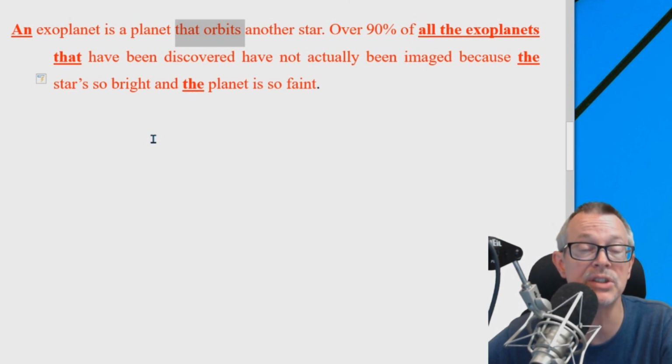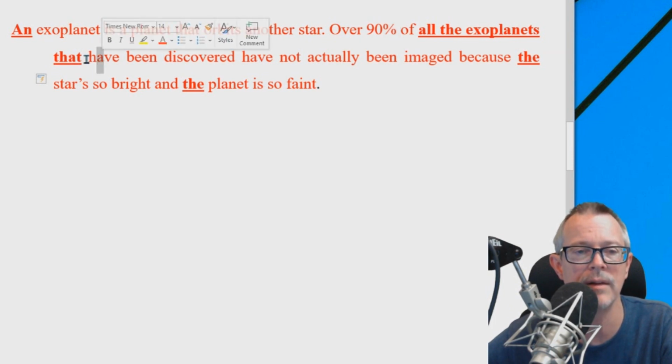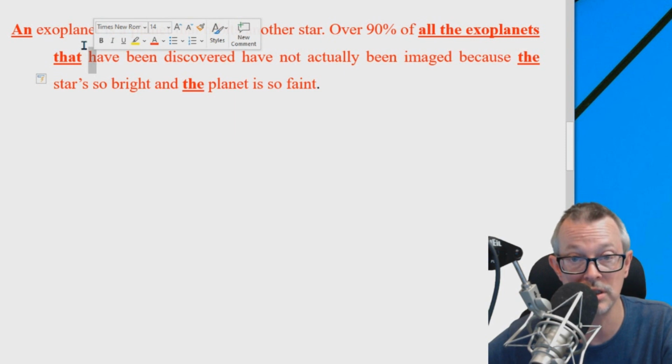Over 90% of all the exoplanets that have been discovered, that have, the A is there, but the H isn't.